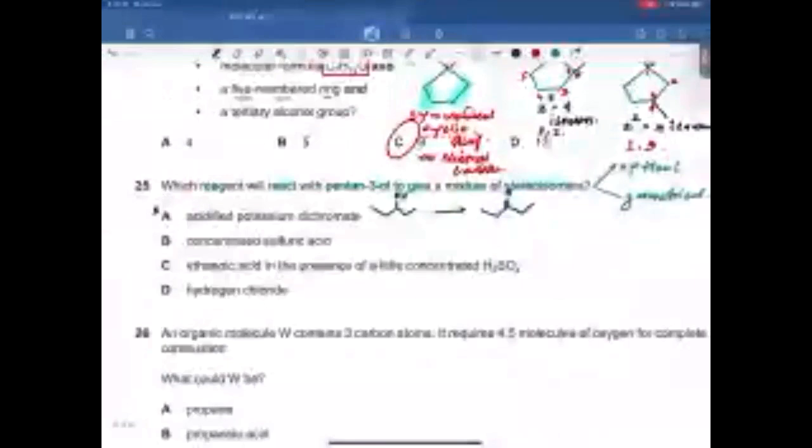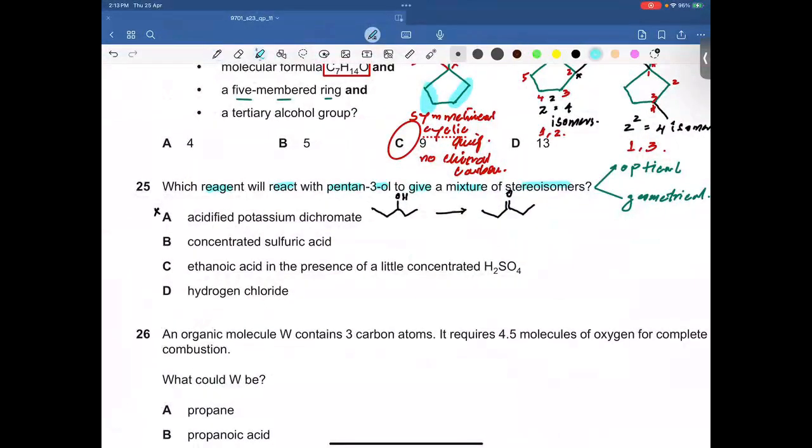Now option B is basically concentrated sulfuric acid. So whenever an alcohol is treated with concentrated sulfuric acid, it undergoes dehydration.